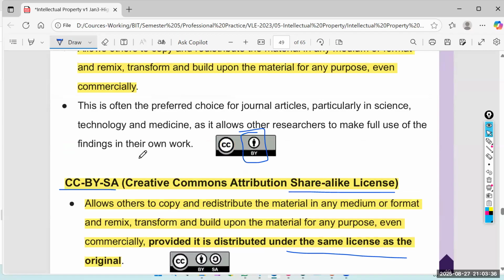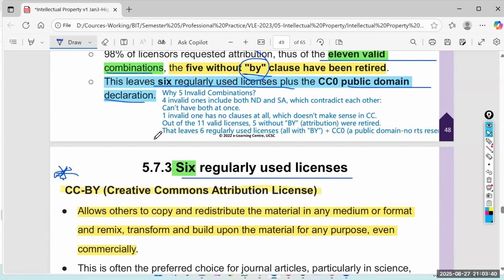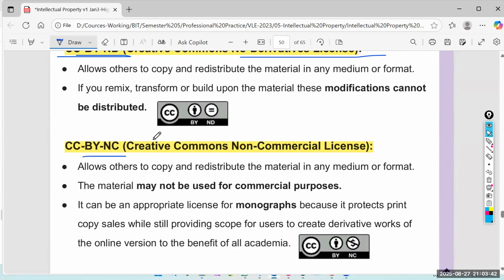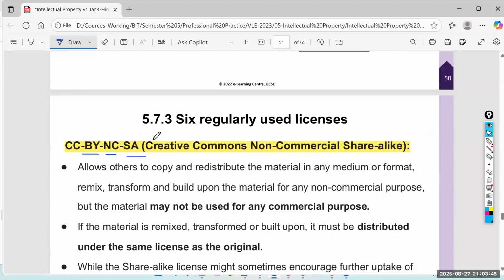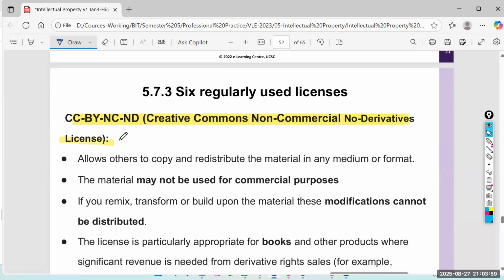BY means attribution. NC means non-commercial. You can't use it for commercial purposes, and you need to share at the same level. You can't restrict it if you use my content. Another one is BY-NC-ND. They have asked about these combinations.